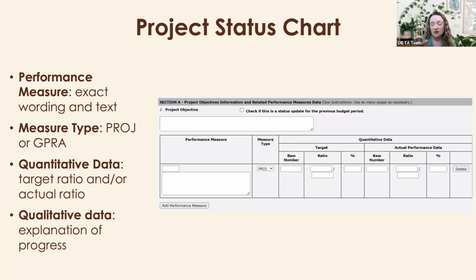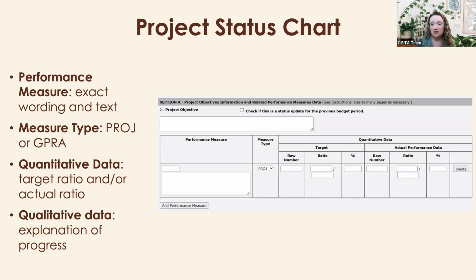explanation of progress. So know that you can go back out of this section A into your list of reporting forms and actually add an additional section A page, which then gives you not only another spot for a performance measure, but a new explanation of progress box.